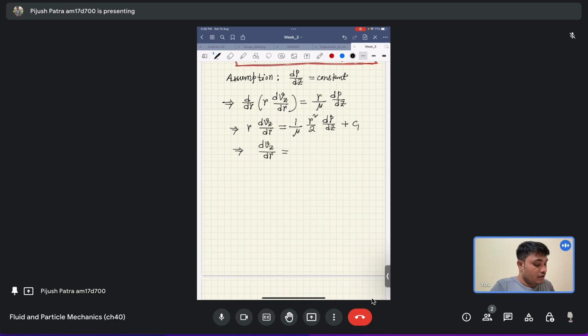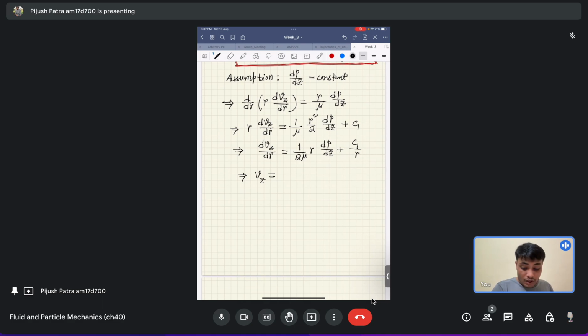So dVz/dr is equal to 1/(2 mu) r dp/dz plus c1/r. Let us integrate one more time. So what will be Vz?